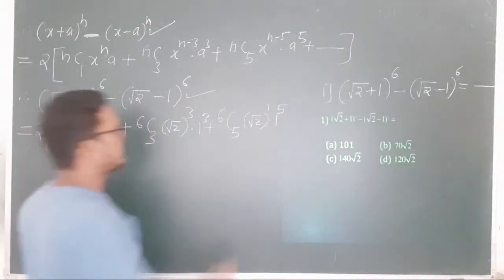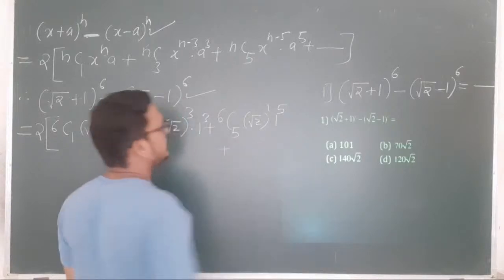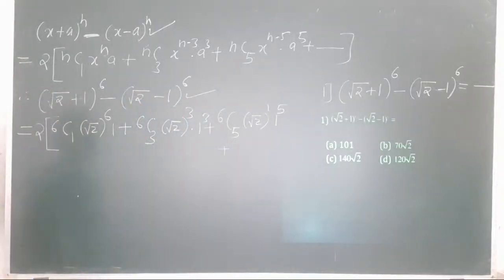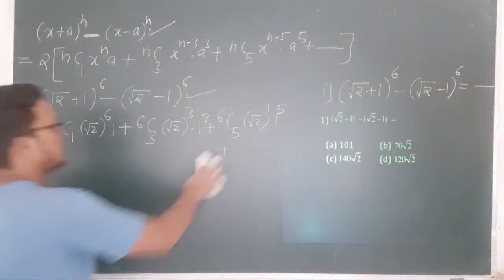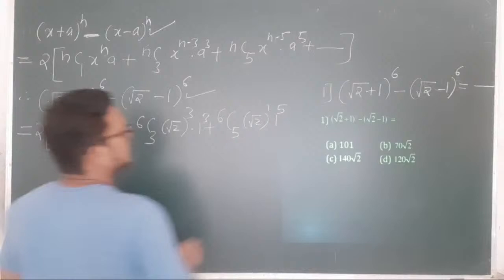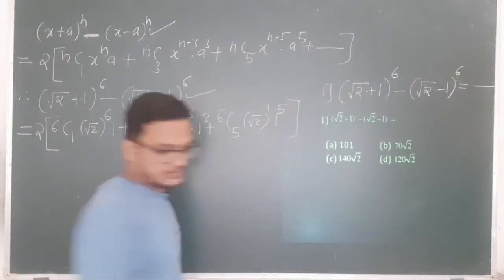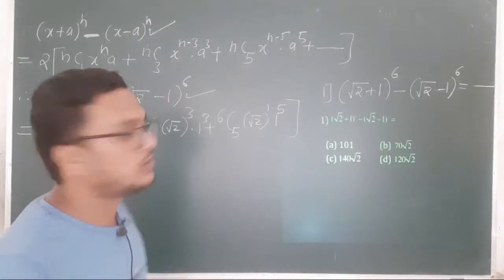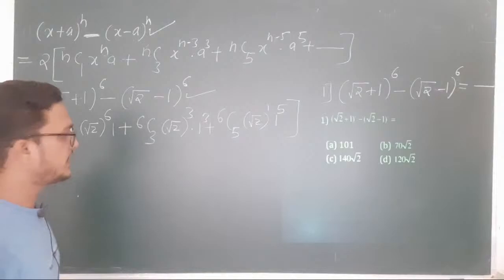And the last term would be 6C7, but that is not required, because you are not going to get the 6C7 term since the power is only up to 6, so you will get just these 3 terms.